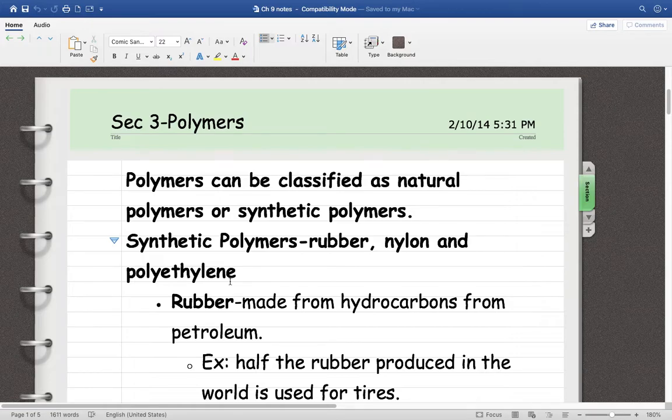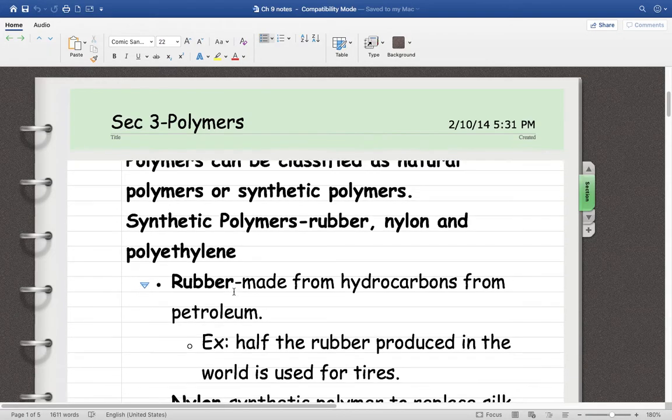An alkene means that they're going to have at least one double bond between the carbons. And an alkyne, with the y, means that they have to have at least one triple bond. It can have all triple bonds, but it has to at least have one triple bond. So alkane means single bonds between the carbons, alkene means double bonds between the carbons, and an alkyne means that there's at least one triple bond. Sorry to get off of that.